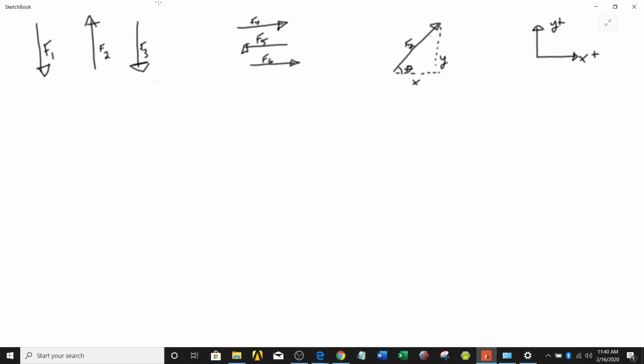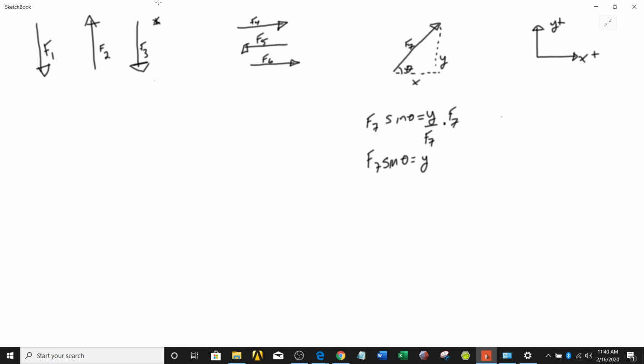So if you have this F7 right there, just immediately do sine of theta. Sine of theta, we know that it's going to be opposite over hypotenuse, so it's going to be y over F7. Multiply both sides by F7. So we're going to get F7 sine theta is equal to the y. So this y component is going to be for this guy over here.